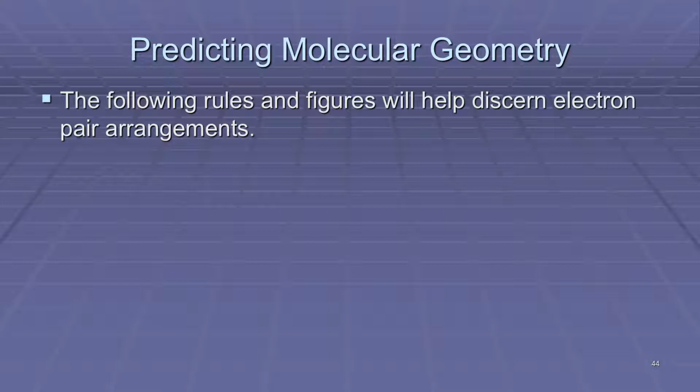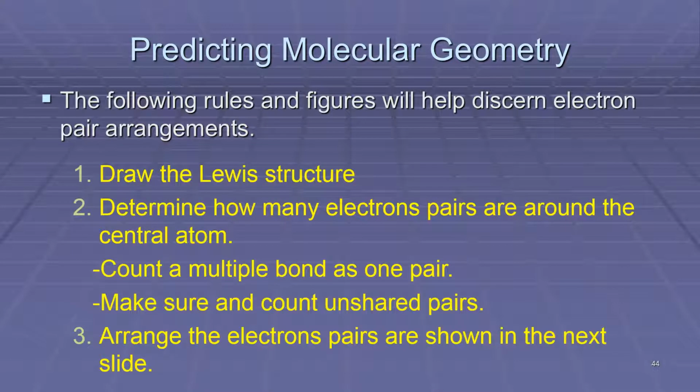Okay, so let's look at this a little bit further. When you have the Lewis dot structure already made, look at the center atom and determine how many electron pairs are around the central atom. So what do you count for an electron pair? Well, a bond is considered an electron pair. Unshared pairs are also considered an electron pair.